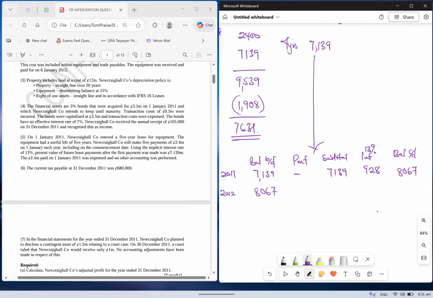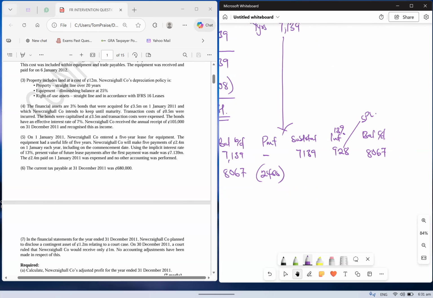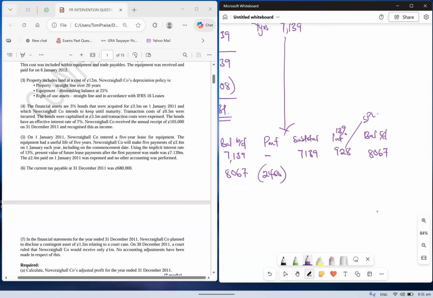8067. The payment this year is 2,400. So then you get the rest to do the interest. This interest too will go to the SPL. So get me the others. 5667.